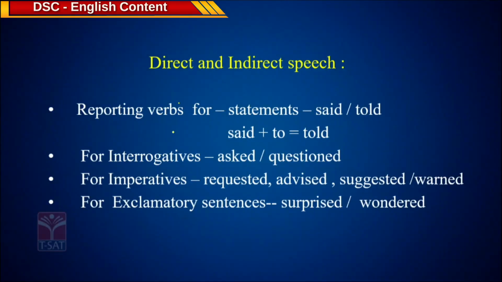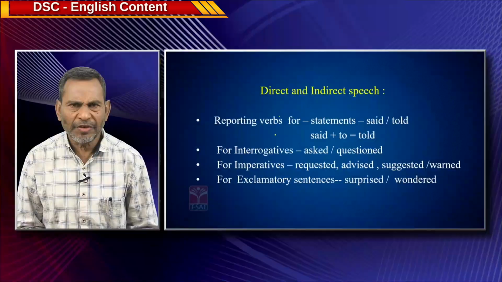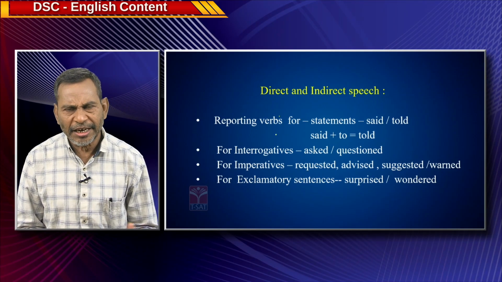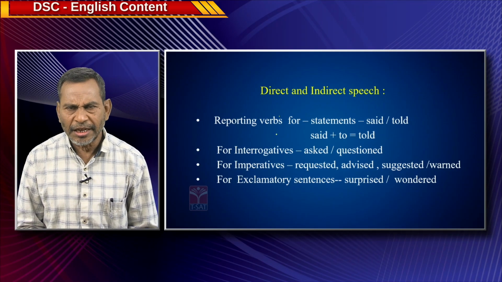Then we have another topic, direct and indirect speech. This is another set of transformations of sentences from one form into the other form. In all these cases, I would just like to tell you something about a very important aspect, the reporting verb. We have learnt about the 4 different kinds of sentences earlier: statements or declarative sentences, then interrogative sentences, then imperative sentences and exclamatory sentences.